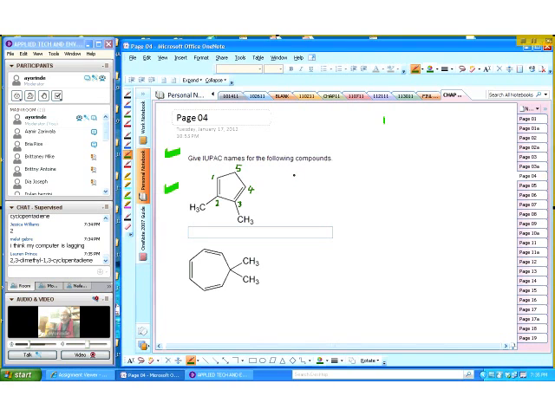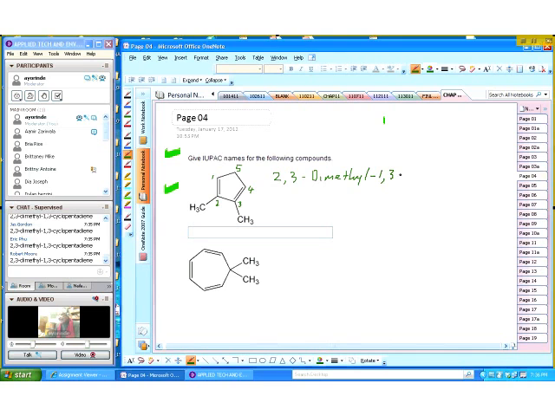Okay, that would be 2,3-dimethyl-1,3-cyclopentadiene. Excellent. So that would be 2,3-dimethyl. Now we indicate the position of the double bond.